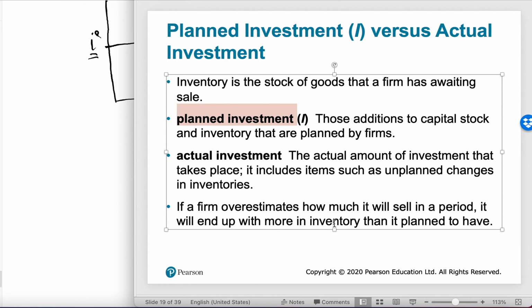And vice versa. So if a firm overestimates how much it will sell in a period, it will end up with more inventory than it planned in the beginning. So the expected or planned inventory is a gauge to make the distinction between actual and planned inventory.